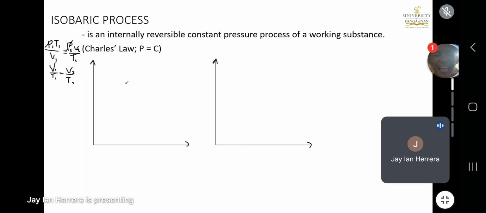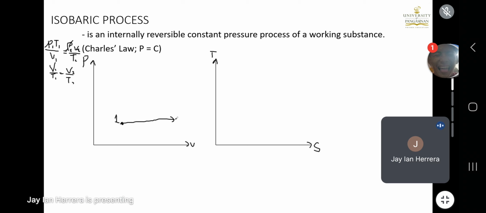Okay, so for isobaric, let's say we have dito lang din ulit. Let's say this is your state 1 or point 1. Let's have P and V as your axes. So under constant pressure, syempre hindi magbabago yung height niya. So, kahit saan naman dyan.